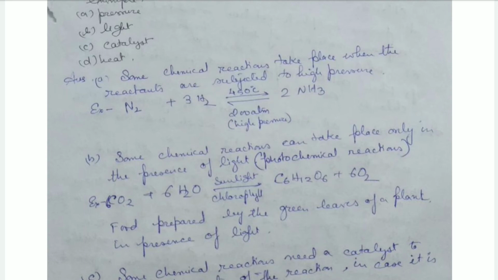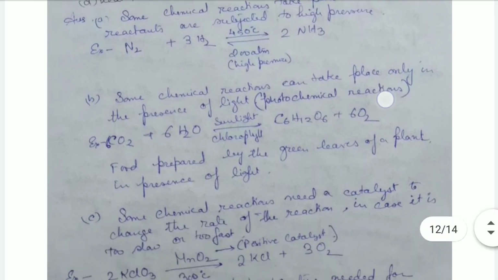It combines with water to form glucose, and oxygen is liberated. So the food that is prepared by the green leaves of a plant takes place in the presence of light, sunlight and chlorophyll. So 6CO2 plus 6H2O in the presence of sunlight and chlorophyll forms C6H12O6 and 6O2 is formed.